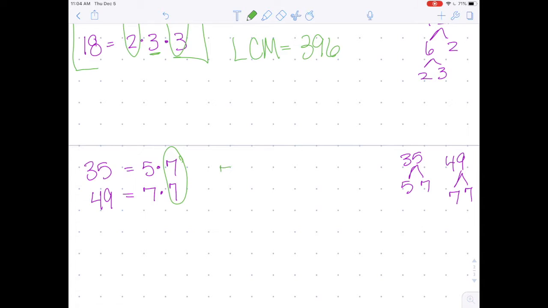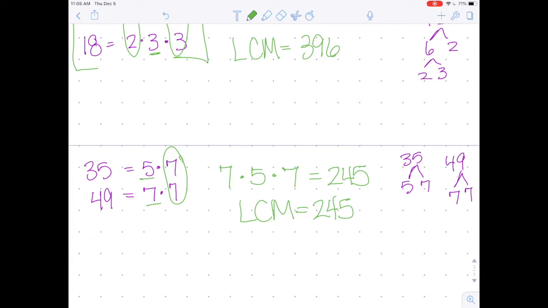So we can write that down. Then we don't need to multiply because there's nothing to multiply by. Now we can look at the leftovers. We've got a 5 and a 7. So we're going to take times 5 times 7. So 5 times 7 is 35. And then if we multiply that by 7 again, we get 245. So the least common multiple is 245.